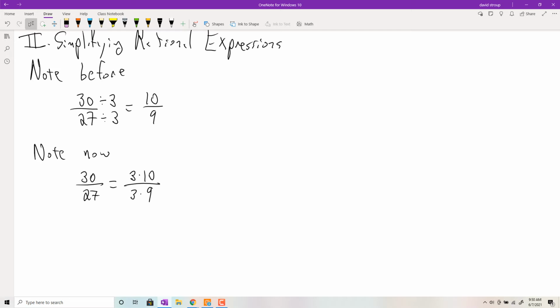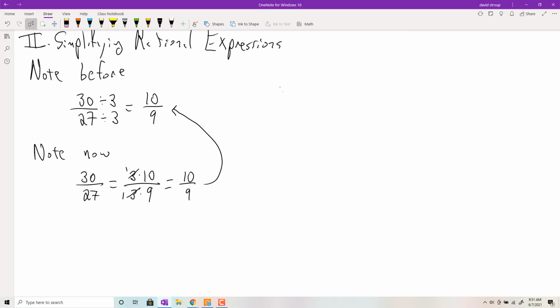And then you can remove the common factor of 3 over 3, because 3 over 3 is the same as 1 over 1. Okay? And then you multiply straight across. 10 times 1 is 10, and then 1 times 9 is 9. You get the same answer, right? But it's through factoring that we want to get our answers.